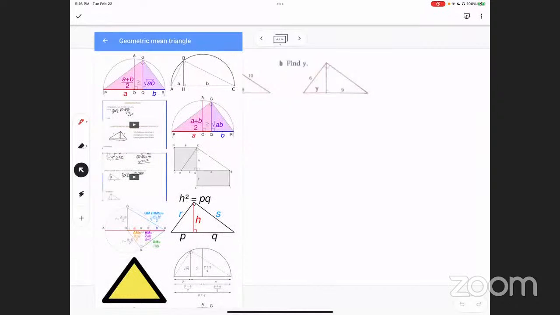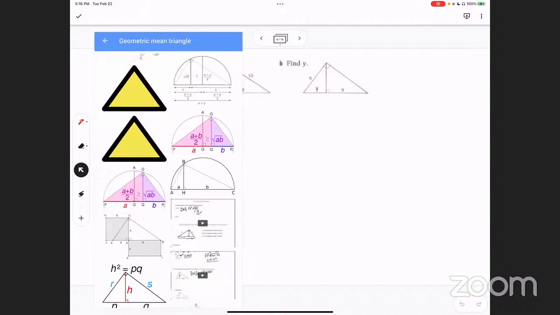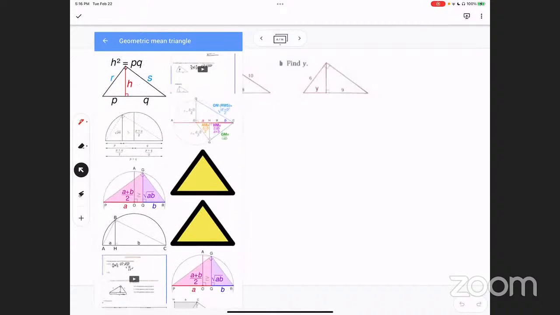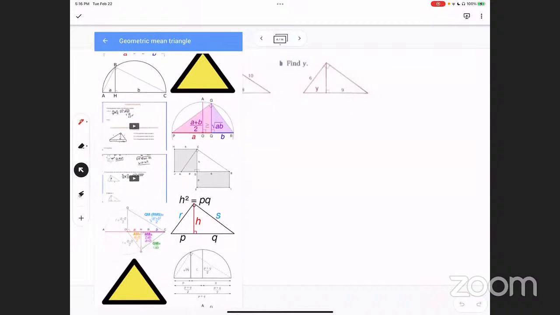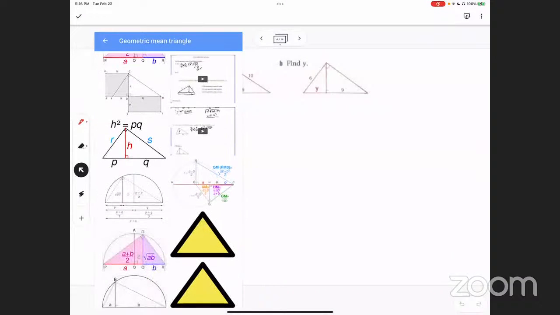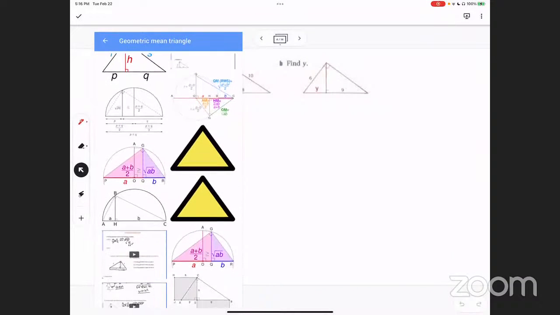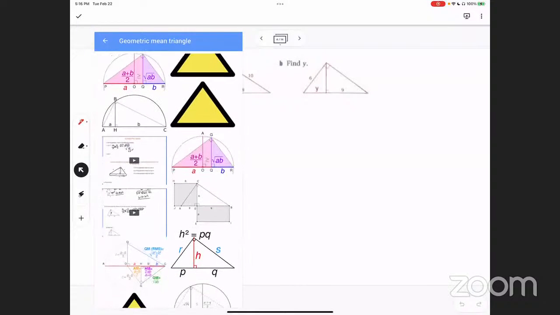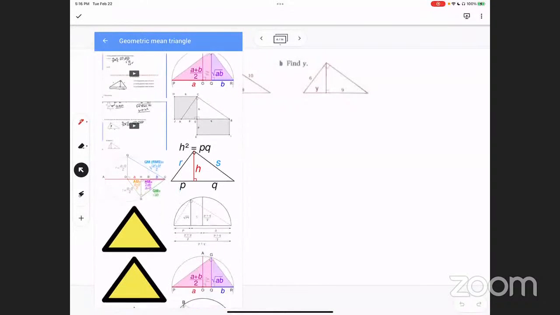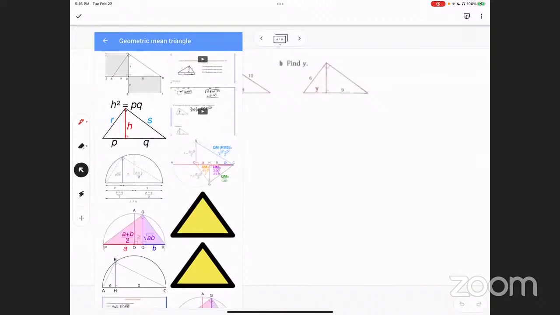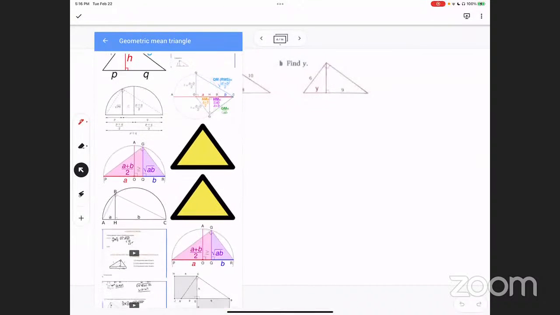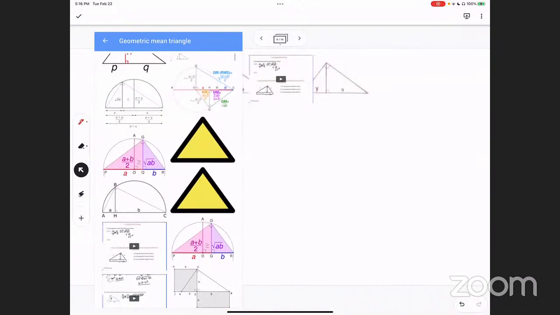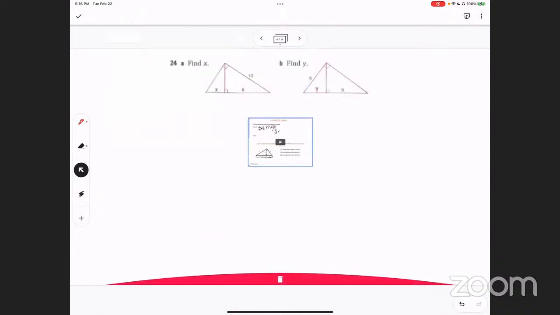Which one do I want to use? There's actually 2 formulas that work for it. I want to see one that has both of them. This is why I ask you for it, because if you have it, it's written in a way that you're used to seeing it. And if I'm looking it up, it's going to be a little bit different. It's not going to be quite the same. Here's one right here. Okay.